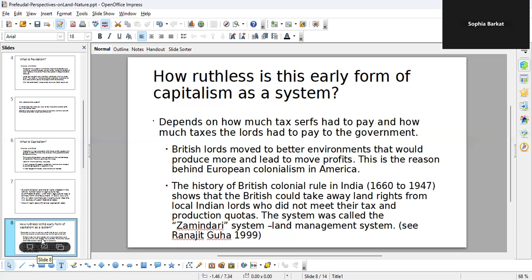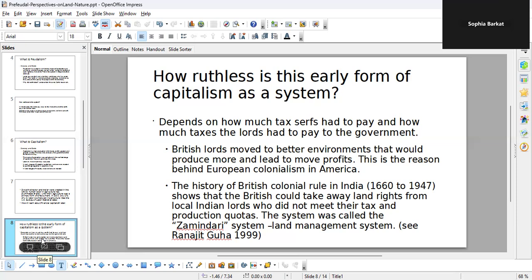But the goal was more profits. So, this is the reason why many of the European lords got out of Europe, right? And they came to America and other parts of the world. They took over those places.